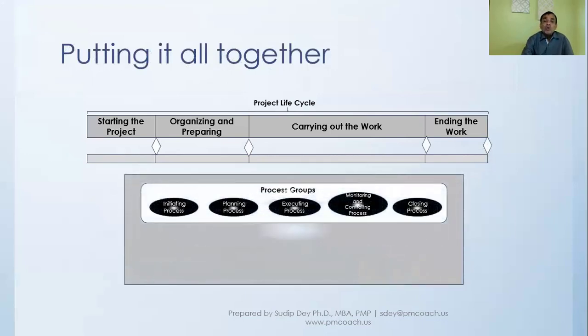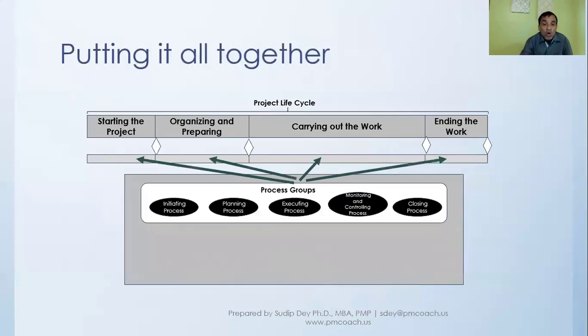Now then we saw there are processes in different process groups. Processes in all these process groups will facilitate our phases, how we move through phases, what we do in each of the phases. So all these processes will facilitate each of the phases in the project life cycle.